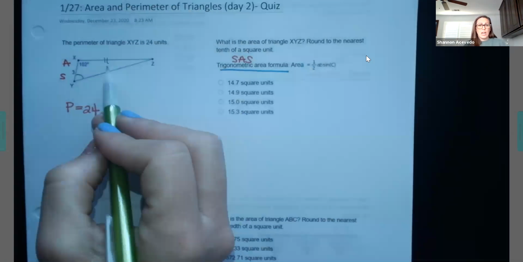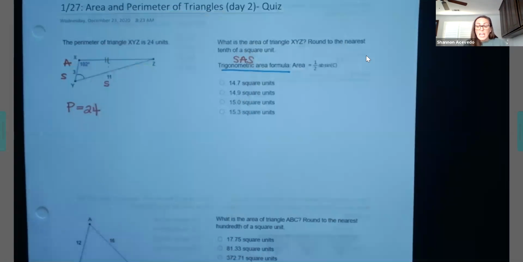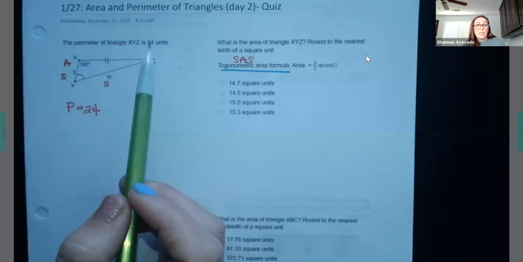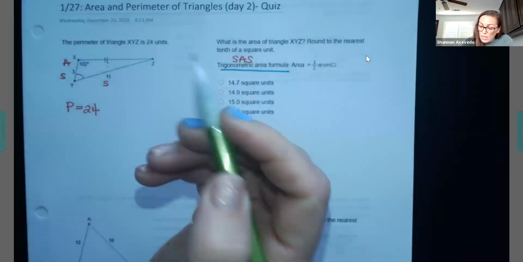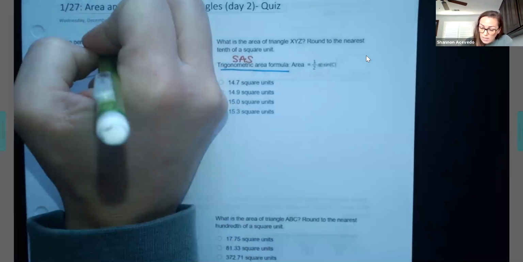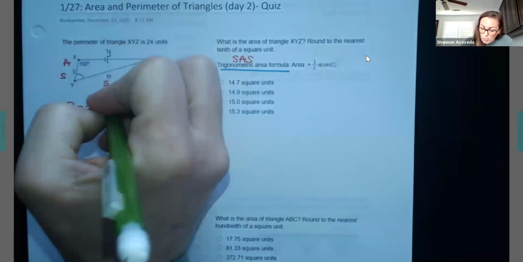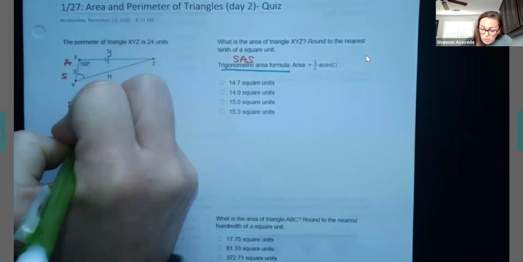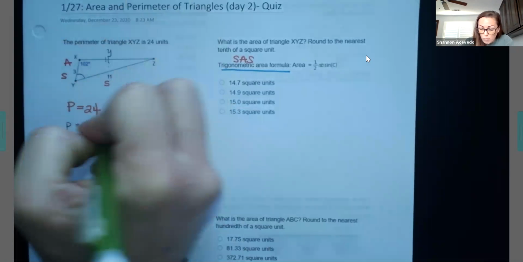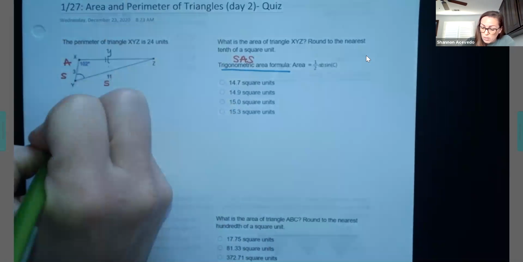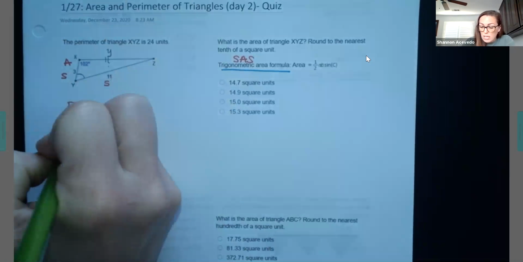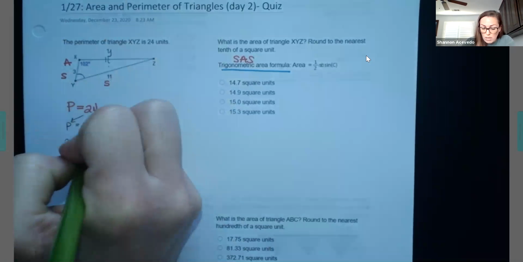Some of you might say, well, how do I know? Well, we know the perimeter. They gave me the perimeter for a reason. If the perimeter is 24, then my perimeter is going to be 3 plus 11 plus that value of y. So 24 equals 3 plus 11, which is 14, plus my y.